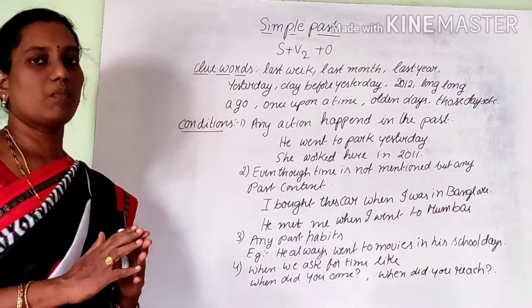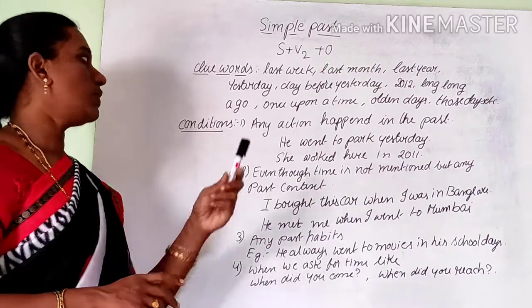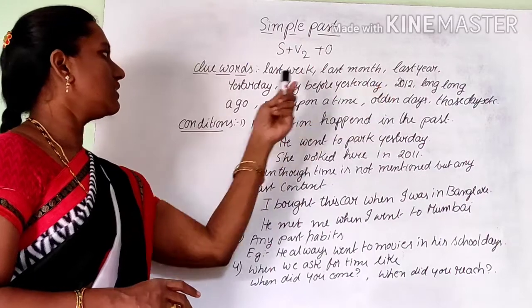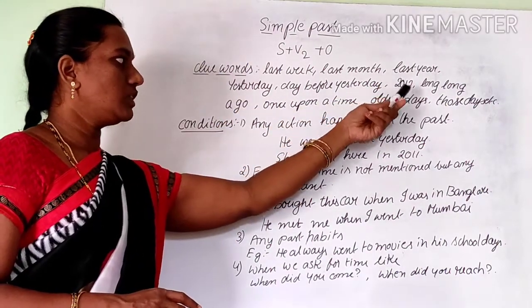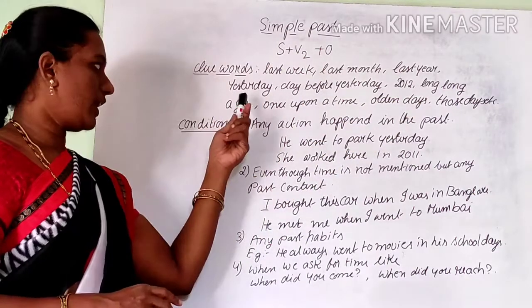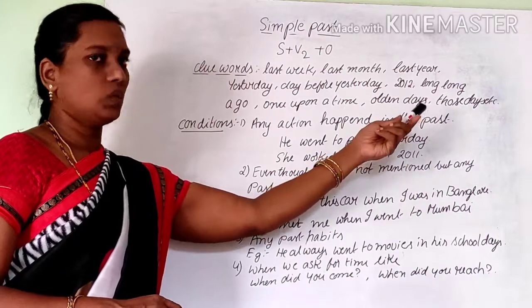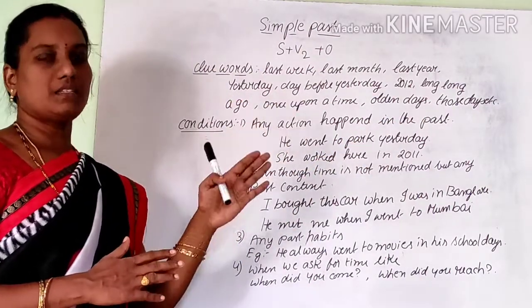Now we will discuss the clue words of simple past. Simple past clue words: last week, last month, last year, yesterday, day before yesterday, 2012, long ago, once upon a time, olden days, those days, etc. All these are past times.